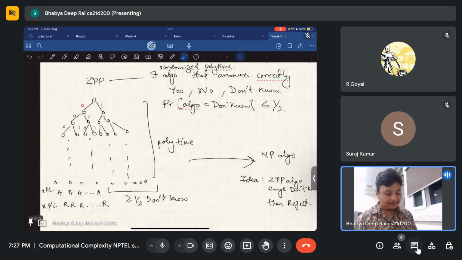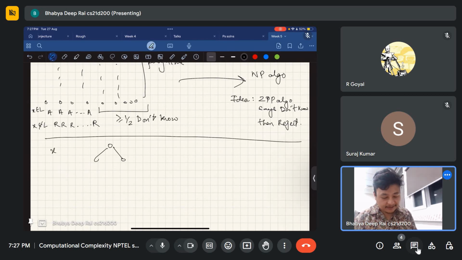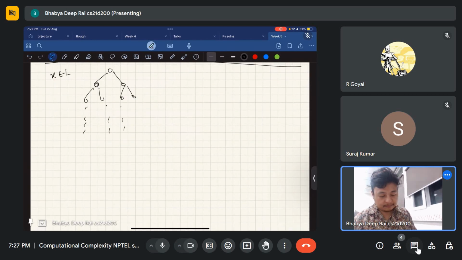Now why is this qualifying as an NP algorithm? Say X is in the language, then you have your computation tree, and X being in the language means all of these accept, and less than half of these said don't know. These are all don't know, but our algorithm is rejecting here.